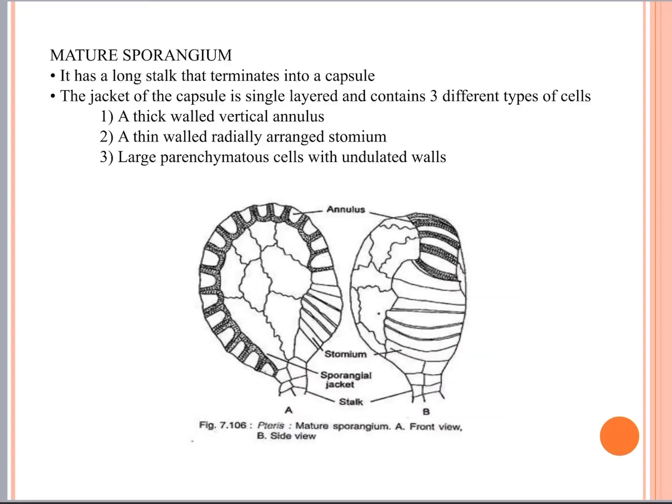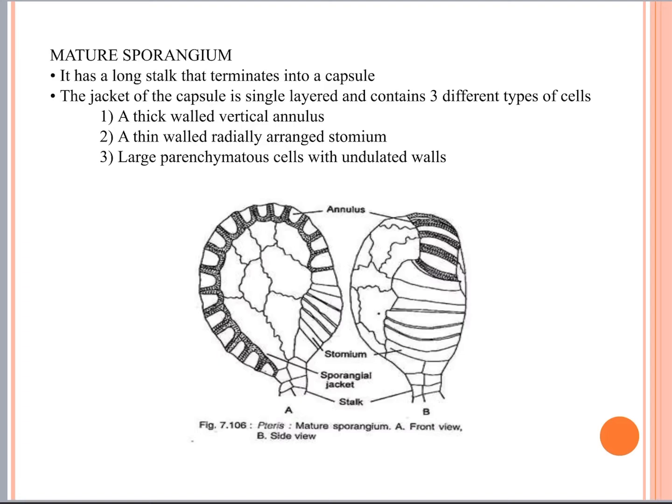This is the mature sporangia. You can see it has a long stalk that terminates into a capsule, and the jacket of the capsule consists of 3 different types of cells: a thick-walled vertical annulus, a thin-walled radially arranged stomium, and large parenchymatous cells with undulated walls.